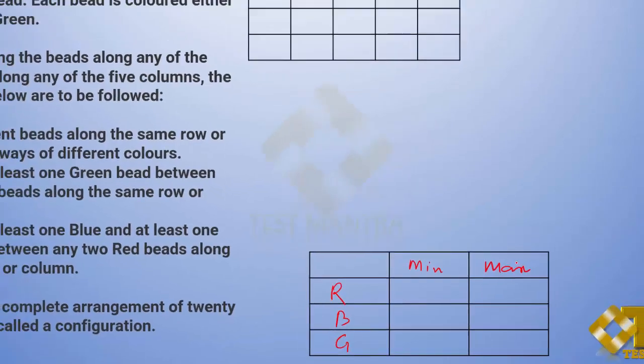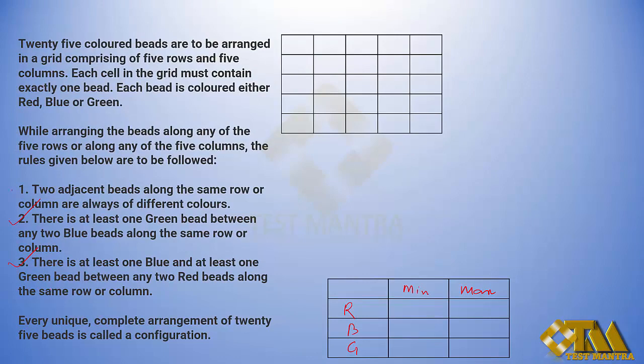If I want to maximize the number of reds, what is the rule for reds here? There is at least one blue and at least one green bead between any two red beads along the same row or same column. So if I want to maximize my reds, I should definitely move in the diagonal cells. Say I'll keep a red bead here, a red here, and red here.